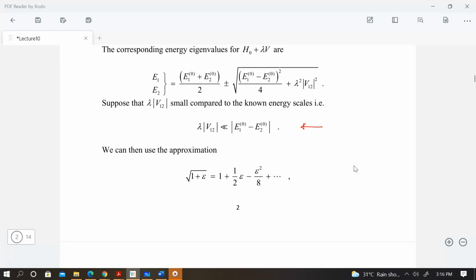Once we've done that, this is small compared to that, so I can bring this particular factor out. You can see that this becomes 1, and then this will be divided by E1 naught minus E2 naught squared. This is going to be a parameter which is much less than 1. For that particular case, you can always approximate the square root by this Taylor series.